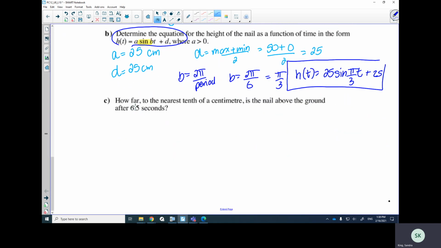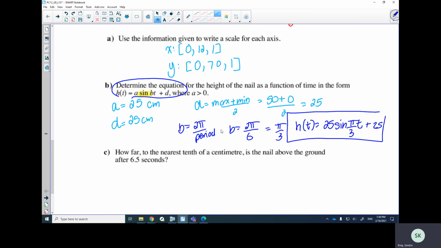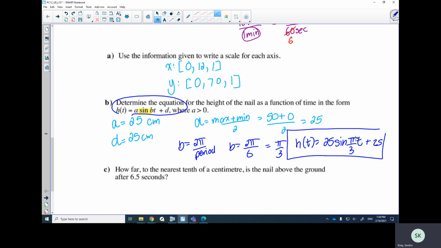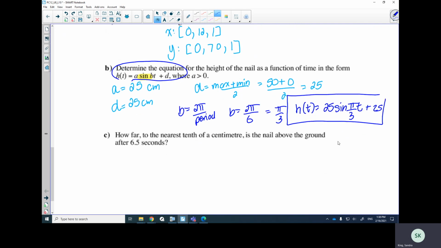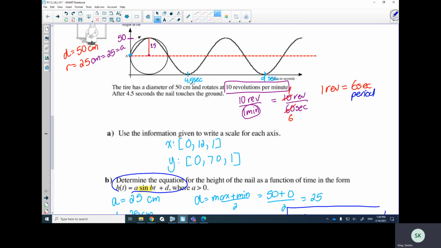Last question: how far to the nearest tenth of a centimeter is the nail above the ground after 6.5 seconds? So I don't really want to enter this into my graph. They want to know at 6.5 seconds, so it's going to be somewhere around here, what is the height of the nail?